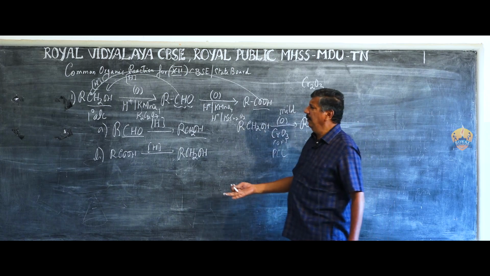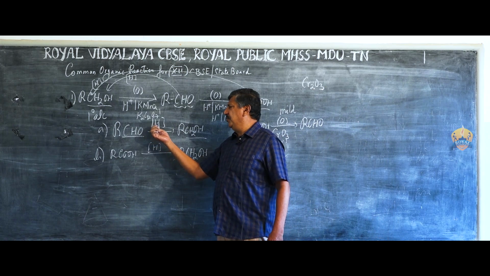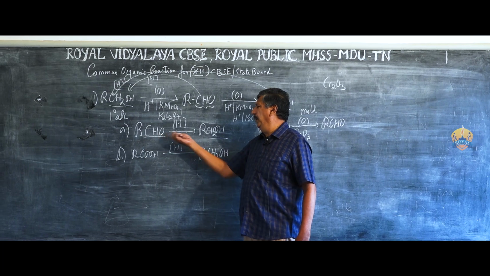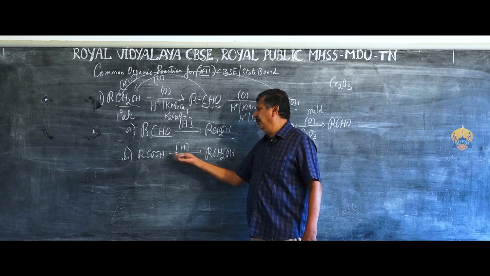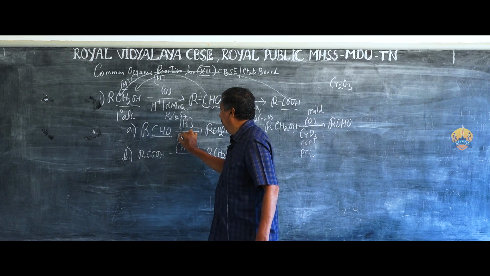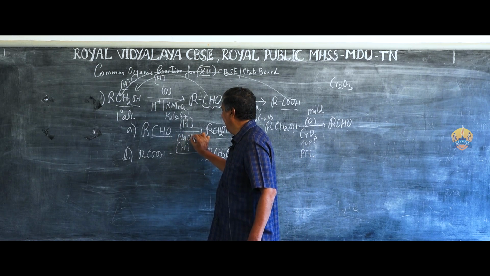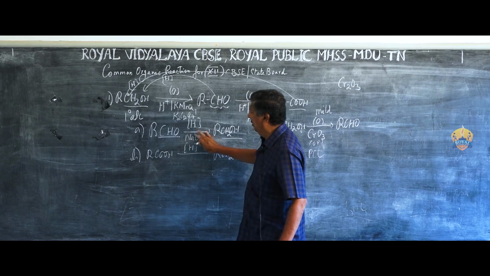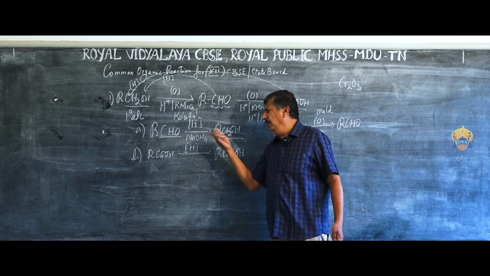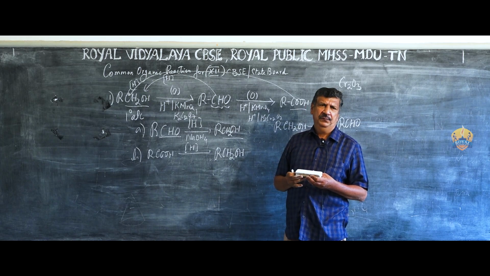Then what are the reagents used for such reduction? Converting aldehyde into an alcohol, acids into alcohol. For all this, you can use sodium borohydride. This is a reducing agent used to convert aldehyde into primary alcohol.